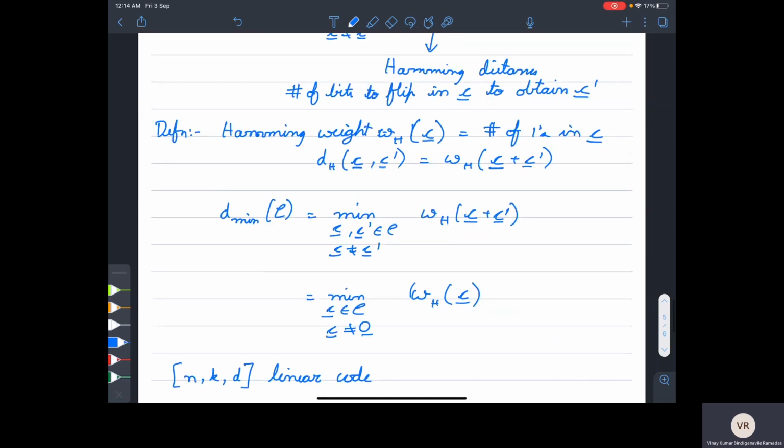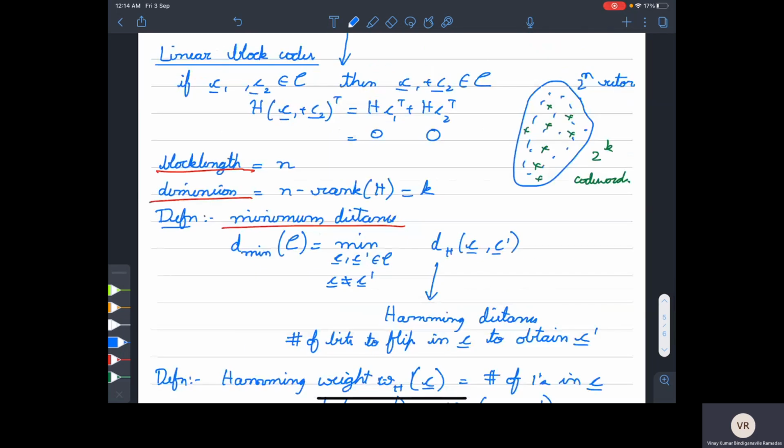If you recall this figure, when a particular code word is transmitted over the channel, it gets morphed into a different vector within the space. So the minimum distance tries to capture the maximum distance between the received vector and the code word that was sent, which can be corrected.